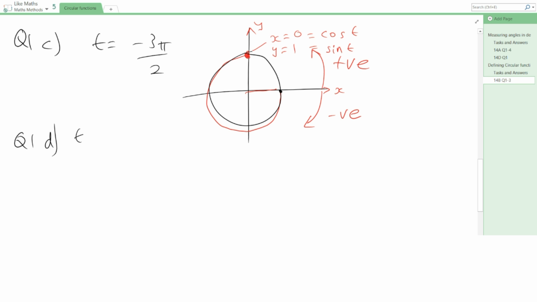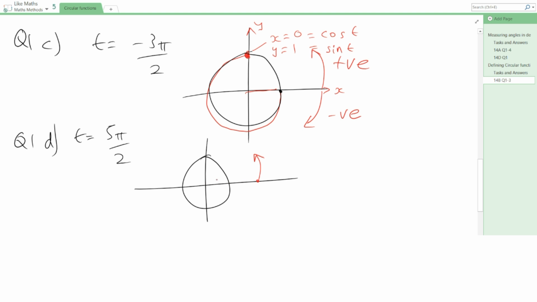Question 1d, t equals 5 pi over 2. So in this unit circle, because this is positive, it means that we're going to start measuring counterclockwise. And it's 5 pi over 2.